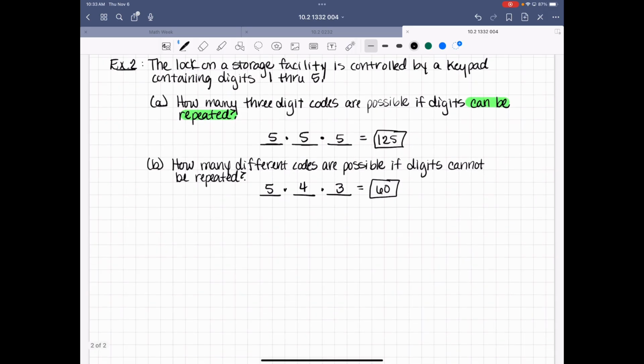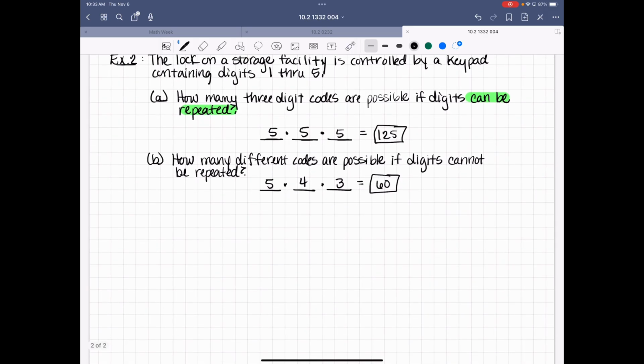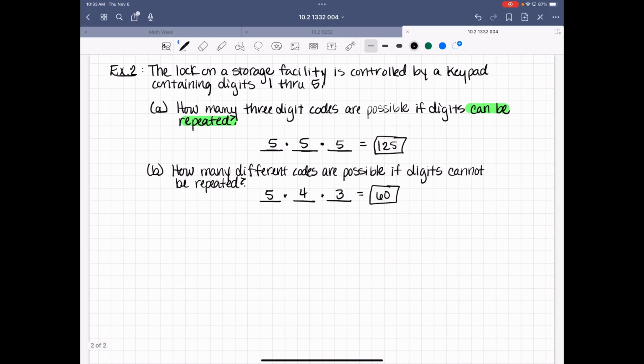You guys haven't talked about it, so that's going to be fresh for y'all, the next part. The next thing that we're going to talk about is what we call factorial notation. It is denoted with an exclamation point at the end of it.